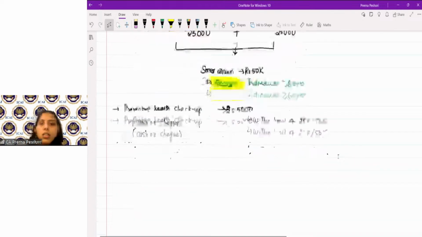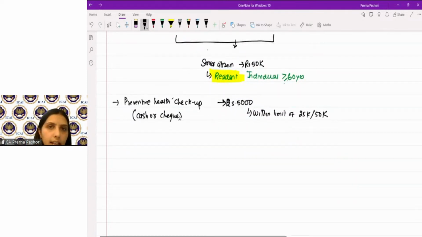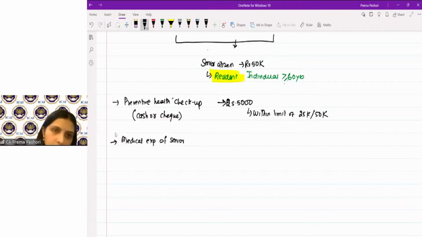Further, deduction is allowed for the medical expense of senior citizens who are aged more than 60 years and who are resident in India. A deduction of 50,000 rupees will be allowed on account of the medical expenditure if there is no insurance for them.